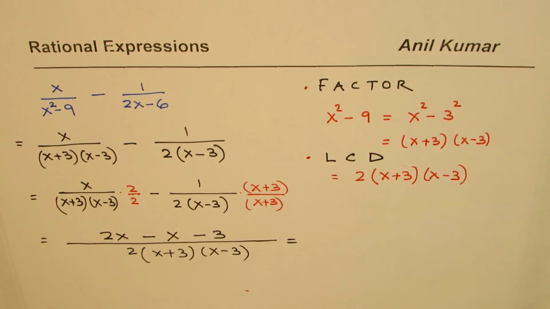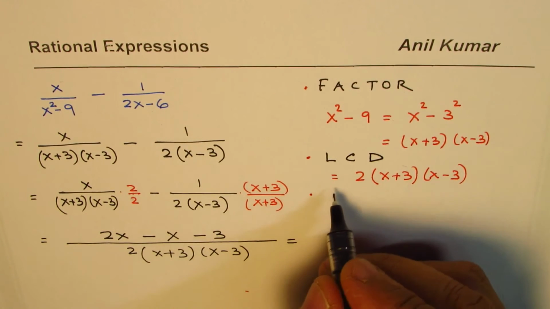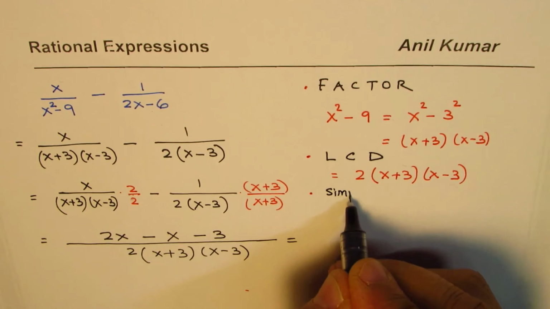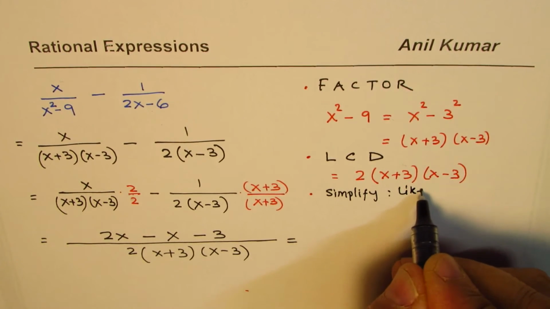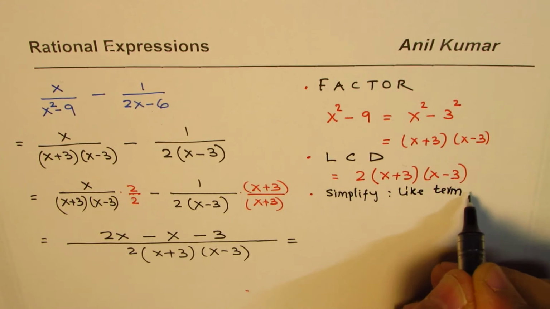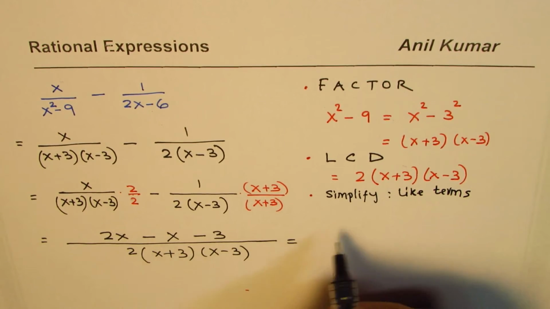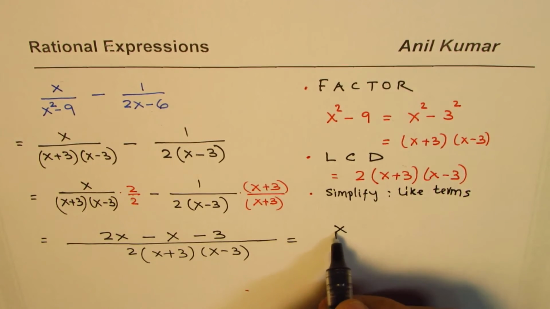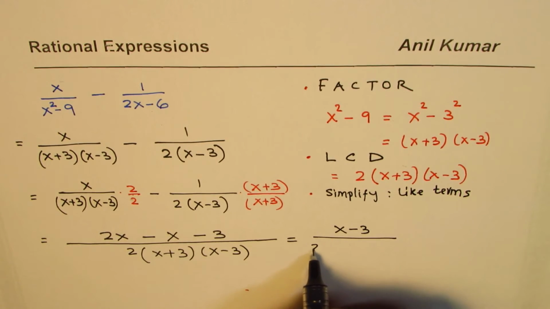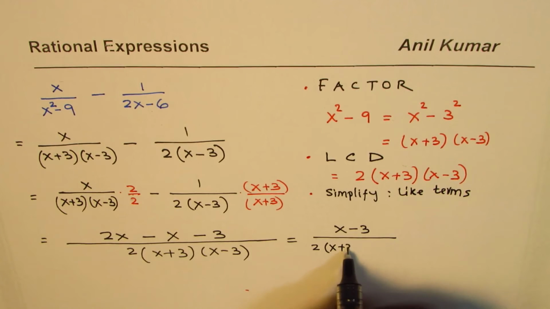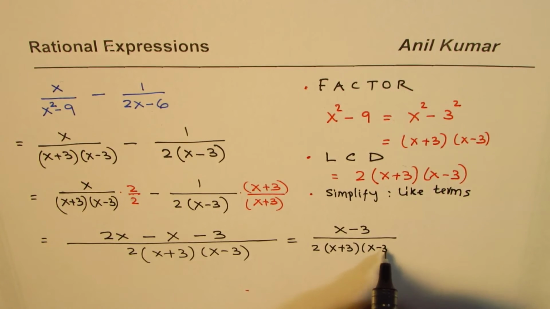Now you can simplify using like terms, right? So you could simplify at this stage. Look for like terms. So x and x are like terms. 2x minus x will give you x and minus 3. Denominator is 2 times x plus 3 times x minus 3.